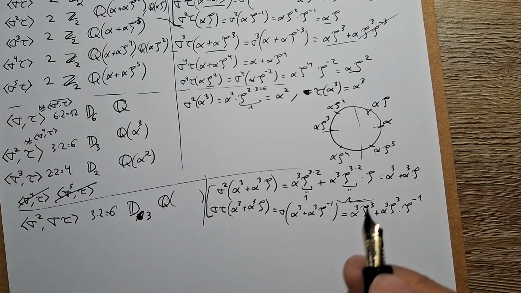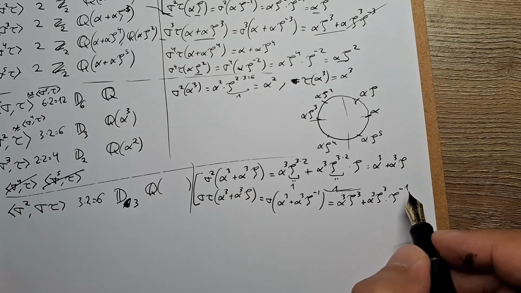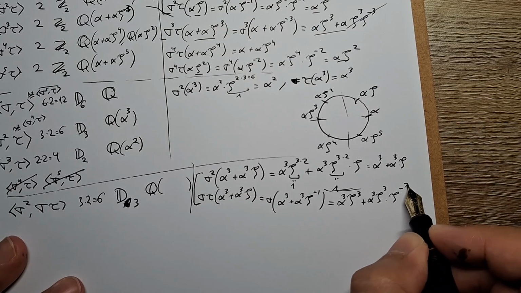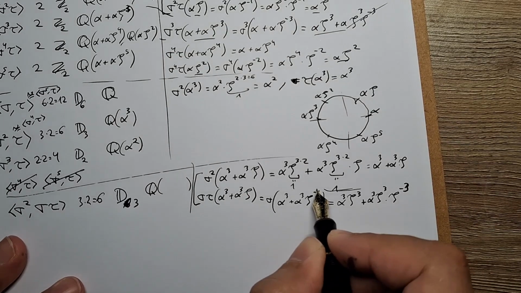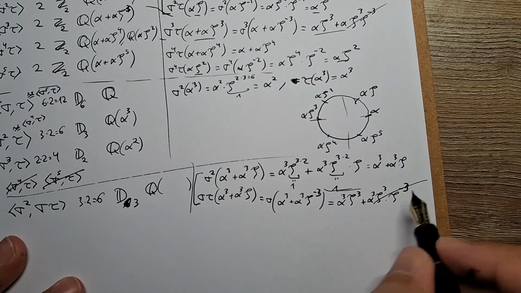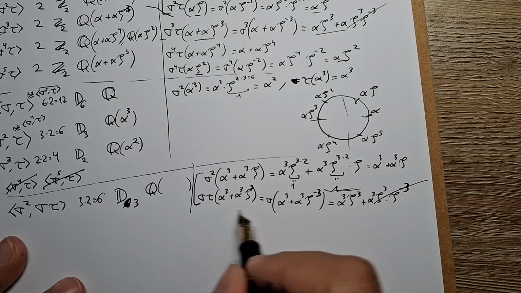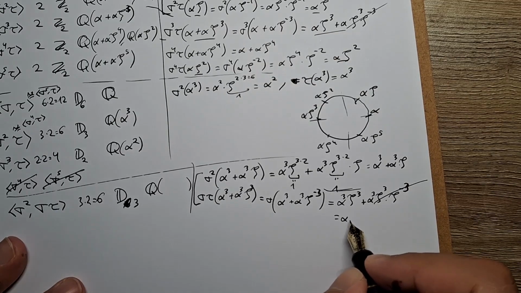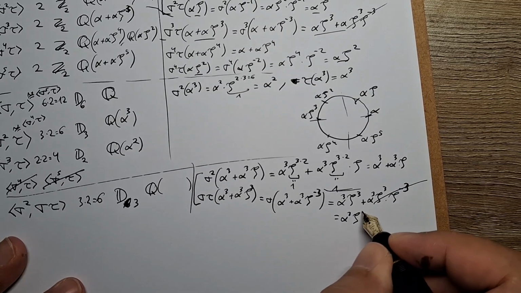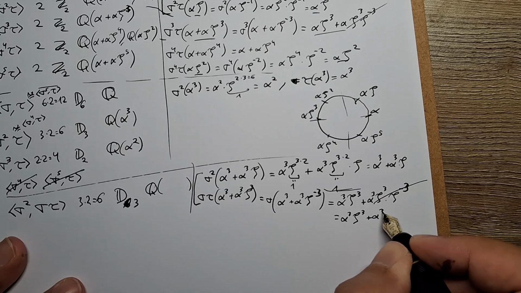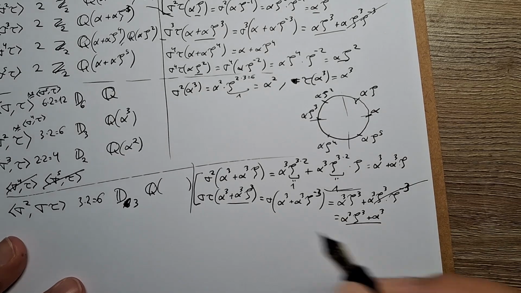But actually, check what happens if we try putting a 3 here. This means that before we had a 3 here. Now this disappears. And if we had a 3 here, this means that here we had a 3. So now this part, alpha to the power of 3 multiplied by theta to the power of 3 plus alpha to the power of 3, is the same as here.